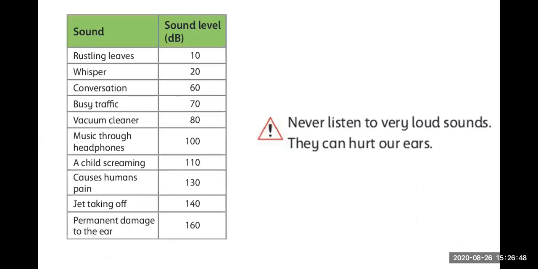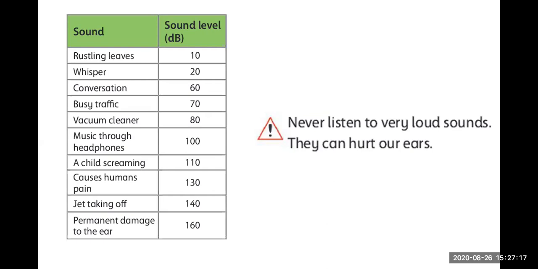Look here, there are some examples of sounds and sound levels in decibels. Rustling leaves 10 decibels, whisper 20 decibels, conversation 60 decibels, busy traffic 70 decibels, vacuum cleaner 80, and many different examples.